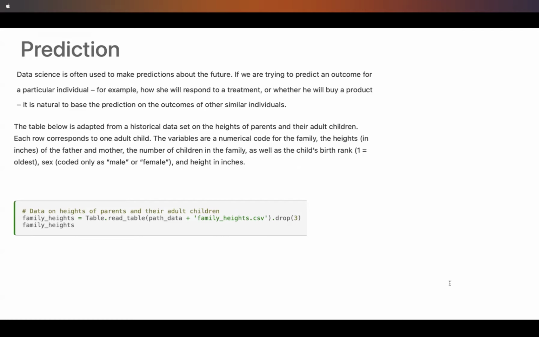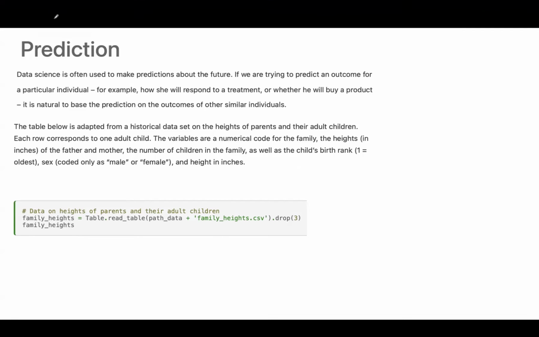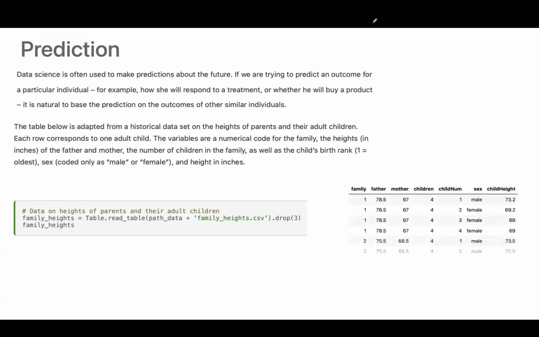And make sure to read the CSV file. So if you read the table, you have some variables, and some of them, for example, are binary, 0, 1s, representing male and female. And what is important is the child's height, based on the height of the father and mother.